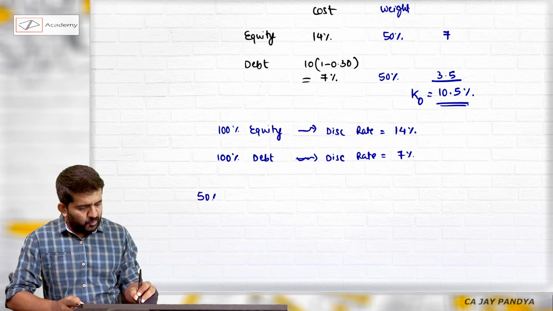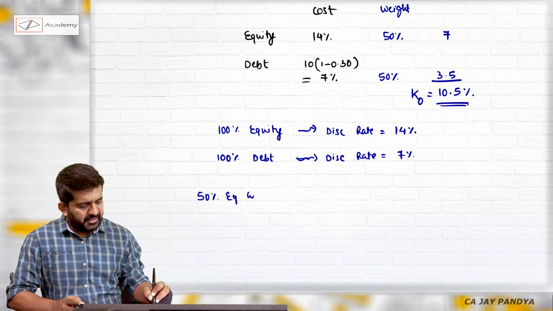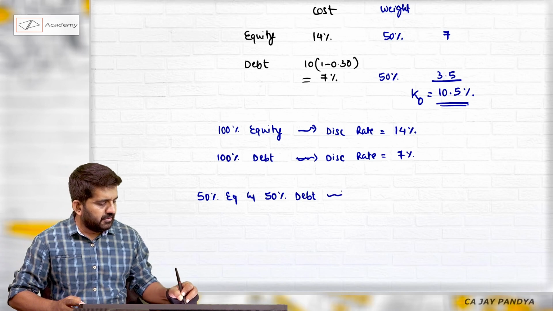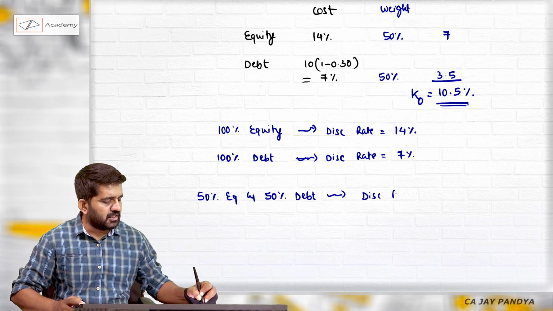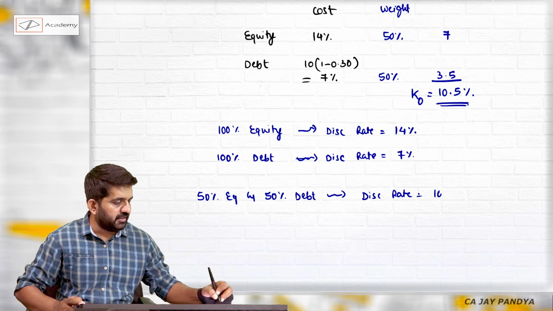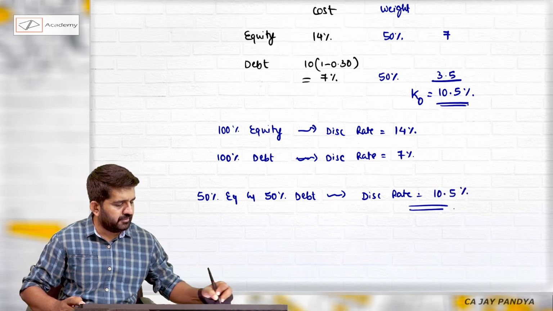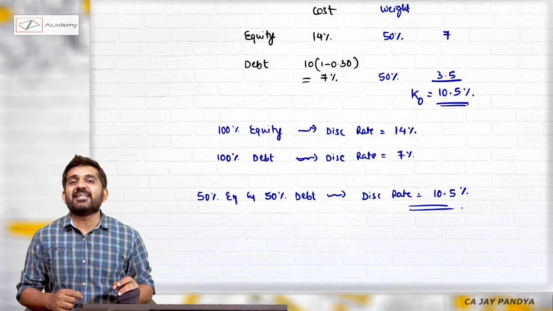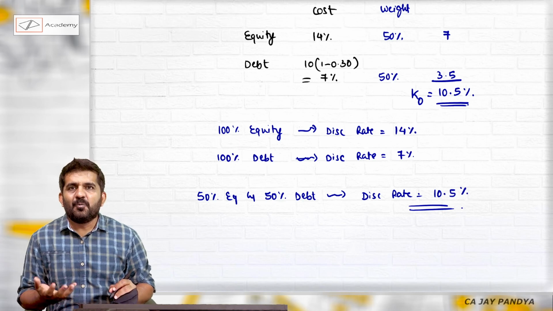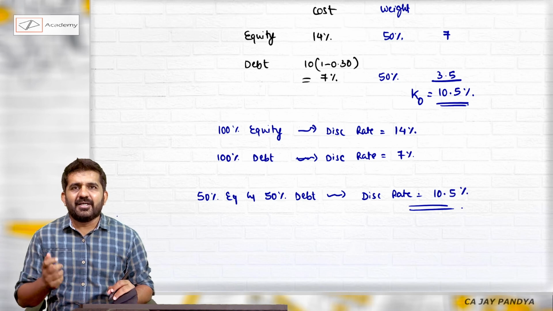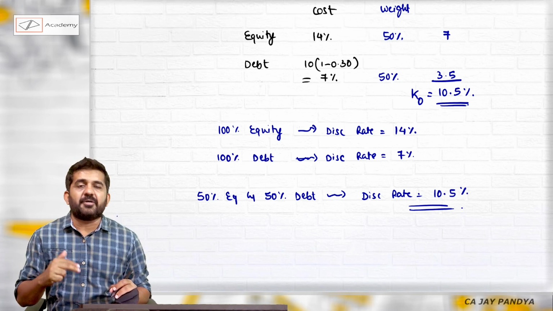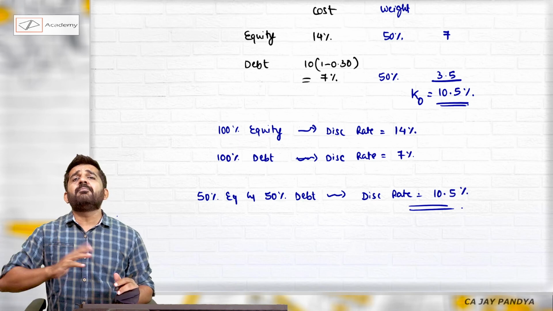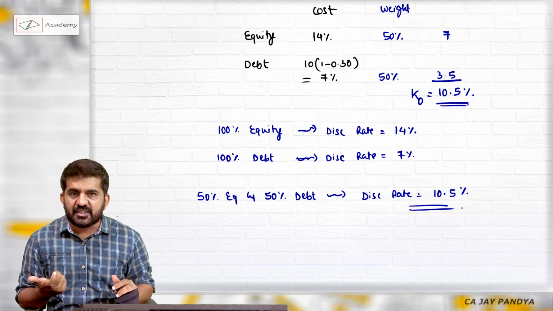If I am going to go for 50% equity and 50% debt, then the discount rate will be nothing but 10.5%. These are adjusted discount rates. Which discount rate is to be used? 100% equity 14%, 100% debt 7%, 50% equity 50% debt 10.5%. Any mixture, I can always find out the adjusted discount rate.